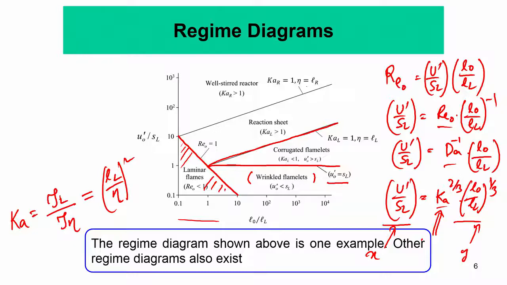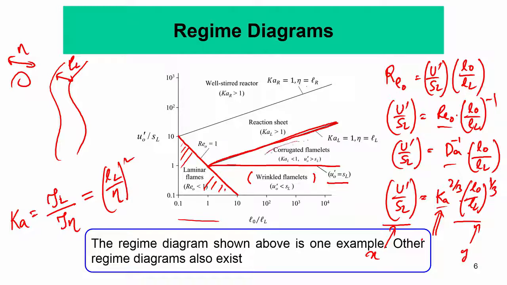So if this is the flame thickness, then the smallest eddies of turbulence, the Kolmogorov eddies, are also of the same size. This limiting condition is reached when the flame time is equal to the Kolmogorov time and the flame thickness is equal to the Kolmogorov eddies.